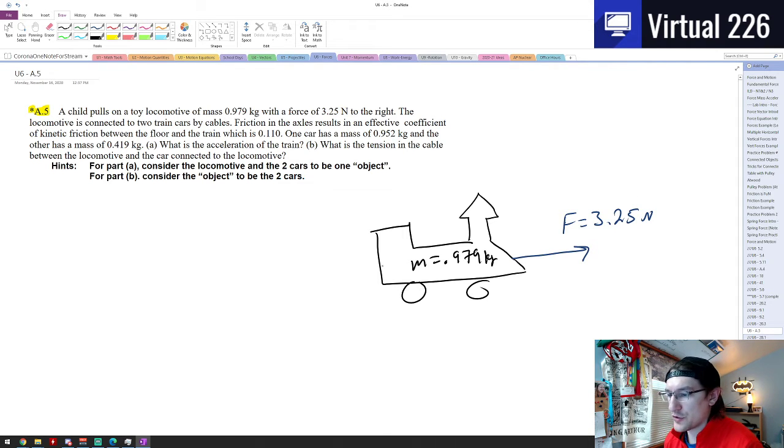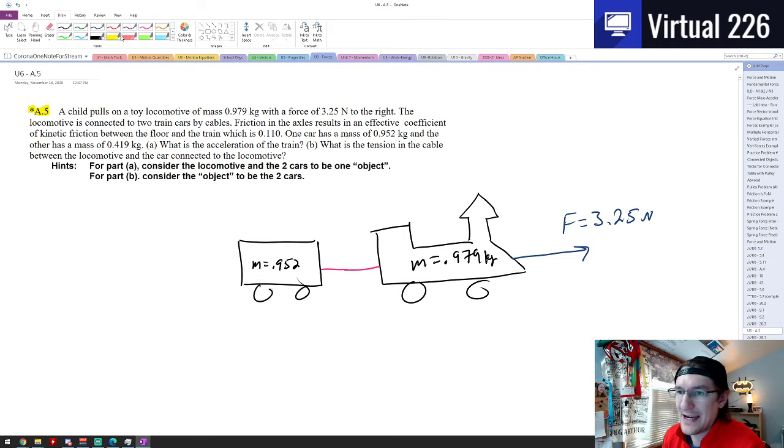The locomotive is connected to another train car. This one has a mass of 0.952, and then that train car is connected to another, which has a mass of 0.419. I'm going to call these masses 1, 2, and 3 respectively.